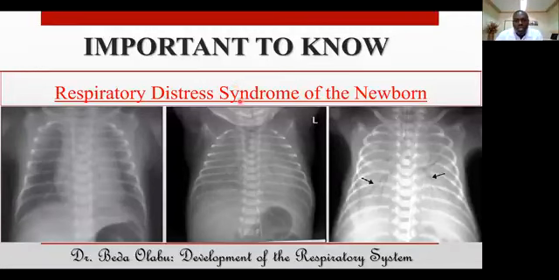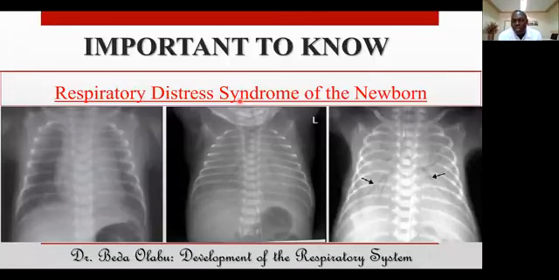This occurs in a child who has been born prematurely. So it occurs in premature babies. If a baby is born prematurely, their lungs don't have an adequate amount of surfactant to expand the lungs. And so when they're born, their lungs just collapse. If the lungs collapse, it means that there's impaired oxygenation.